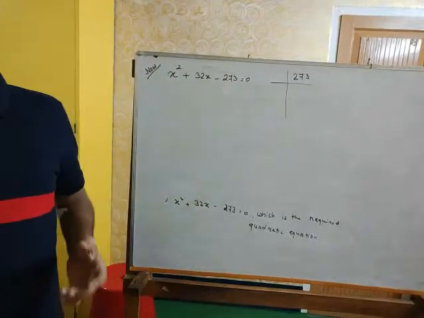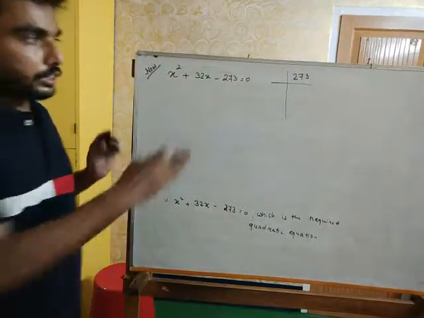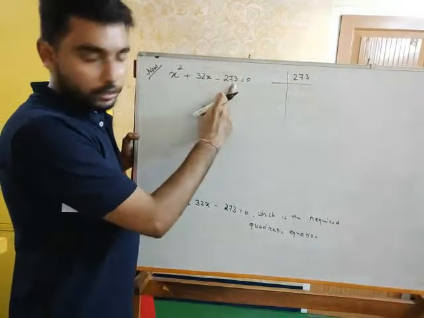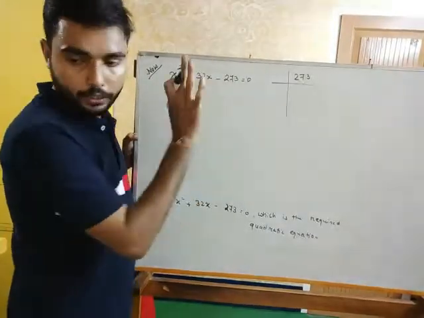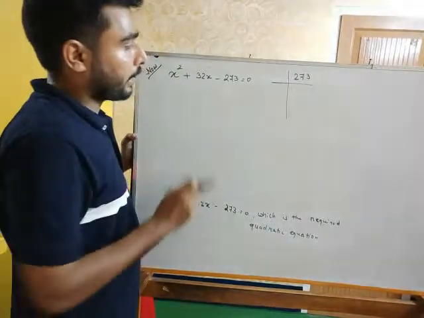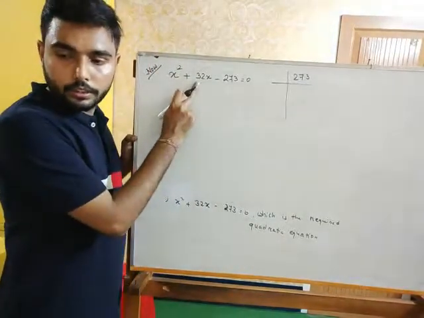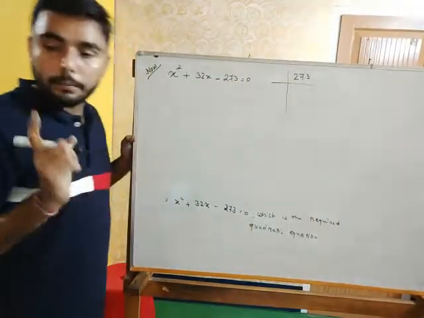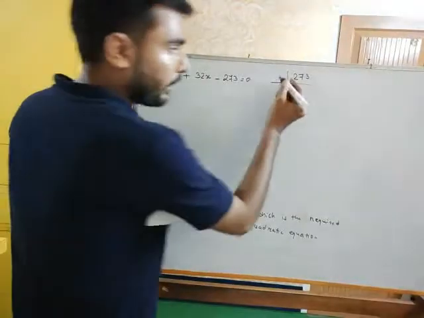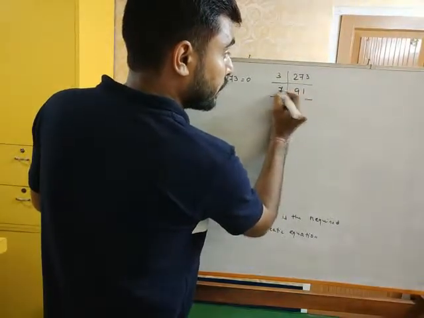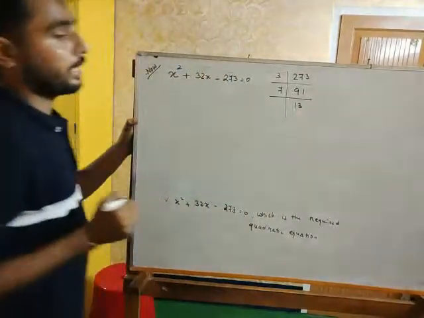Take the constant term, multiply it with the coefficient of x square, 273 into 1 is 273 only. So you are going to find the factors of 273, and after subtracting you need to get 32. Clear? Why after subtracting? Because there is a minus sign in front of 273. In the table of 3 it will be 91 times, again in the table of 7 it will be 13 times. Okay?